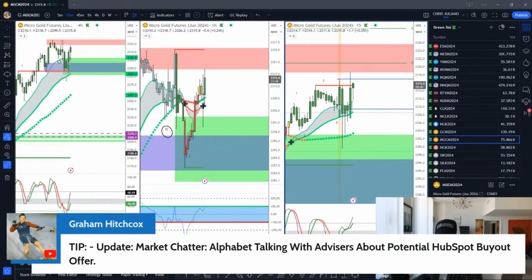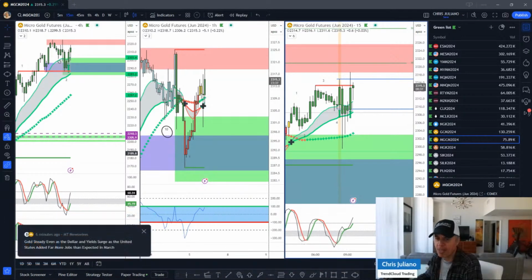What's this? Update market chat, Alphabet talking with advisors about potential HubSpot buyout. Wow. HubSpot is really expensive to use.